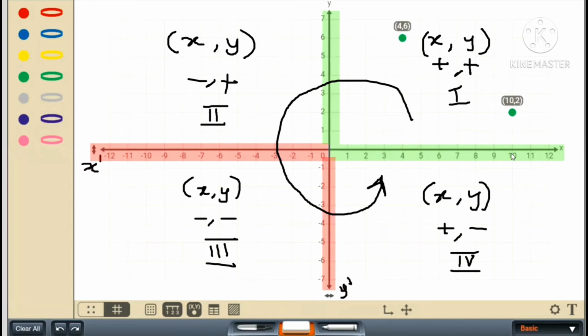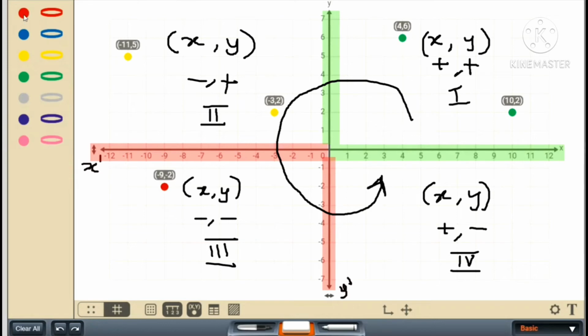Let's see the next point: 10 in x, 2 in y, so it's 10, 2. Now I'm going to plot in the second quadrant. You see the point minus 11 from x, 5 from y. So it's minus 11, 5, the coordinates of the point.